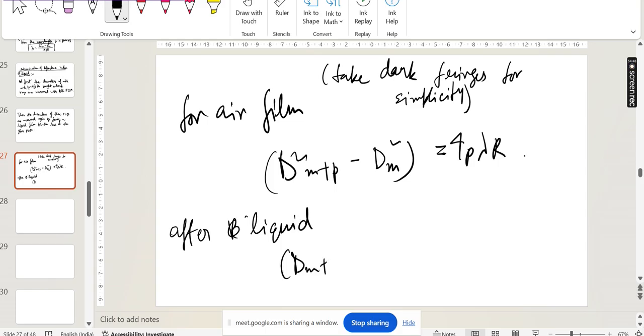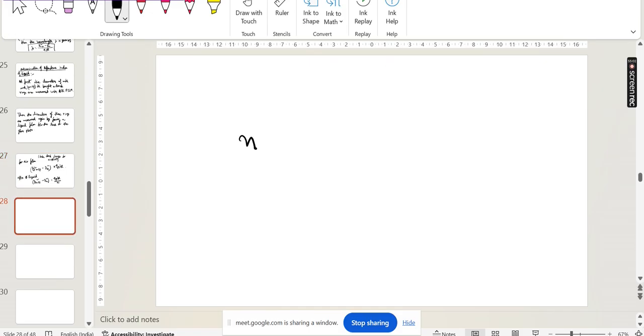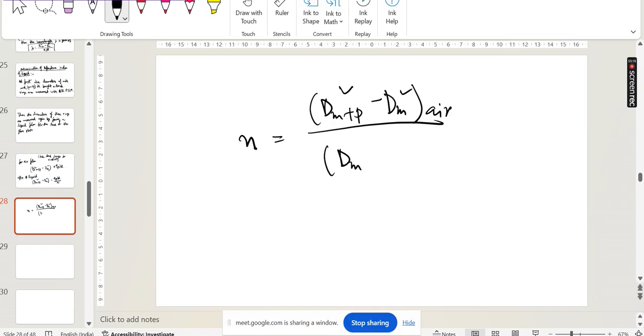This equation can be expressed as D_m square that becomes 4p lambda R by n. So n becomes D_(n+p) whole square minus D_m square here, and this is D_(n+p) whole square minus D_m square. So if you take the ratio, you get better.